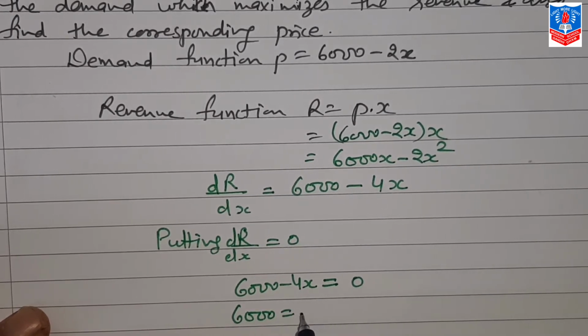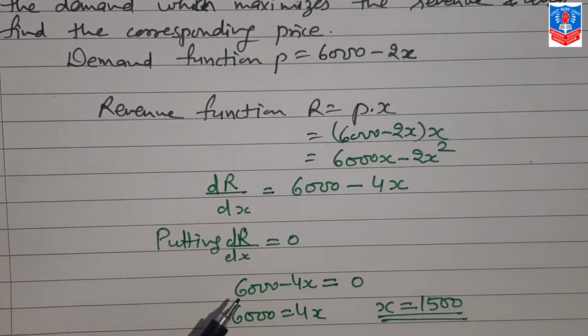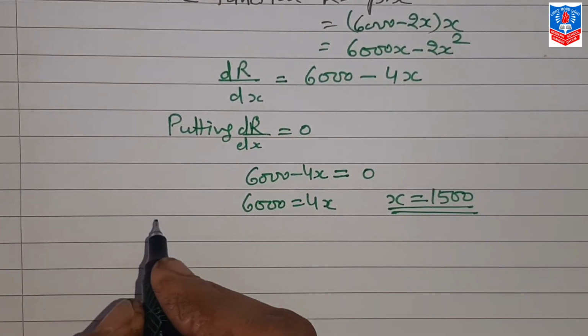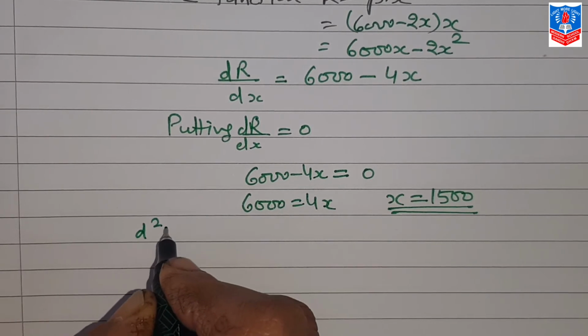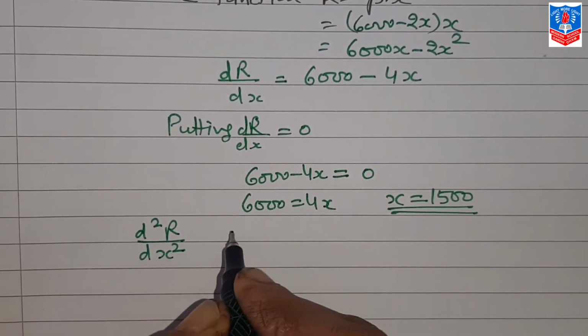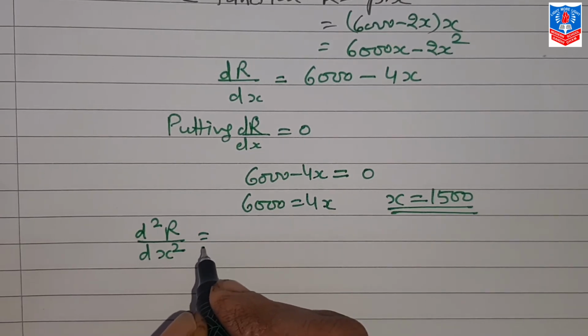If we take this side, it will be plus 4x. So the value of x will be 6,000 divided by 4, which will be 1,500.